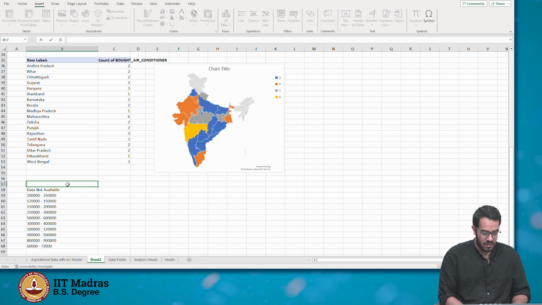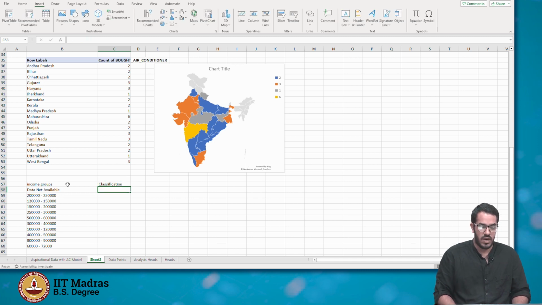And this is the classification, whether they're high income, low income, or medium income. Now there is a more complicated way of doing it via Excel, but given the complexity of this lecture and for our own ease, we will enter the content by ourselves.